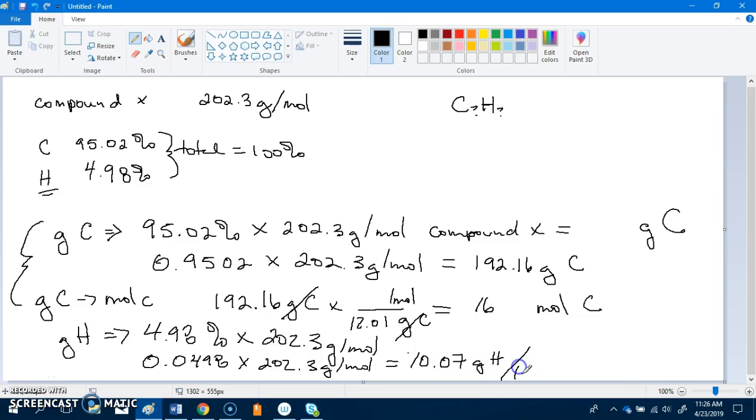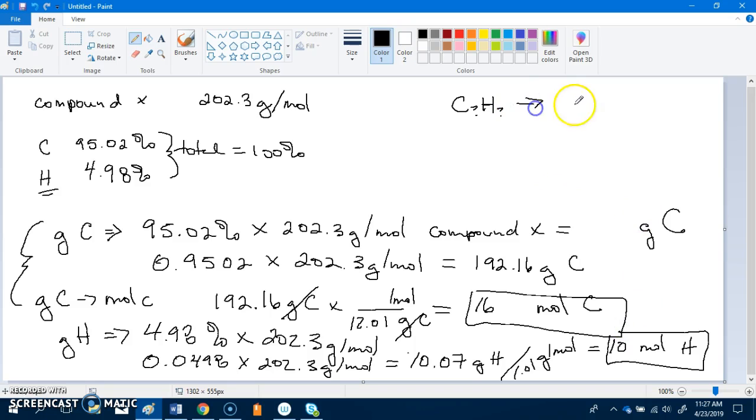Divide that by the molar mass of hydrogen, which is 1.01 grams per mole. I'm running out of space, but I'm basically doing the same process here, and I get 10 moles of hydrogen. So using how many moles of carbon and how many moles of hydrogen, I get my molecular formula is C16H10.